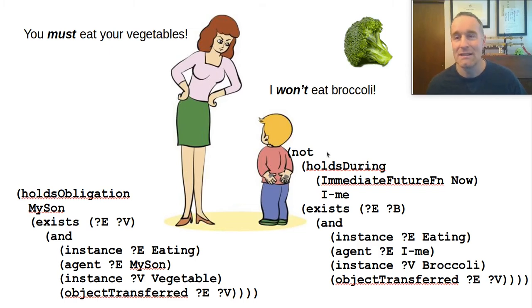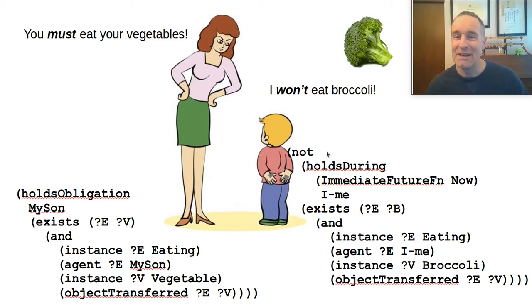What really is meant here is that the responsible mother is saying that the son has an obligation, which is the lower left-hand formalization. He has an obligation that there be an eating performed by him where the thing transferred down his throat is a vegetable.